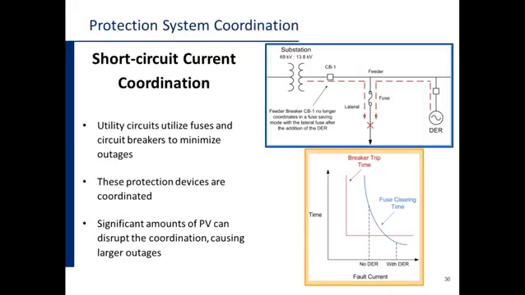So these are issues of protection system coordination. As long as the utility knows what's coming and can study the application, they can address this, but they have to coordinate with their customers.